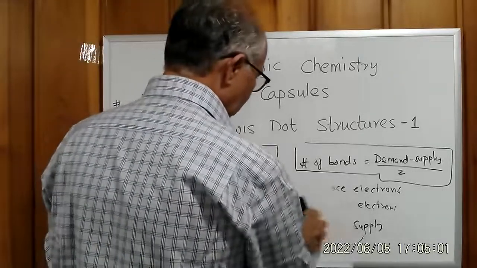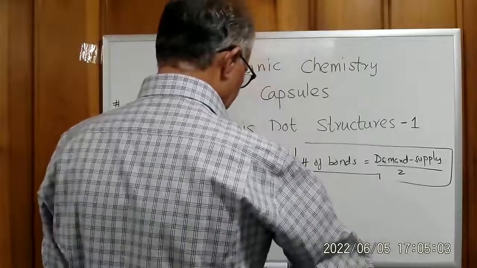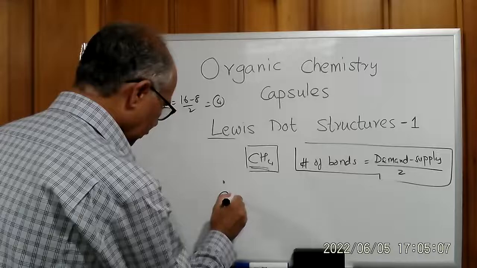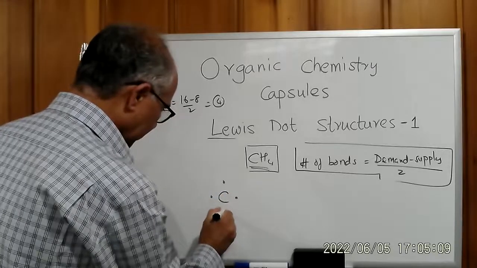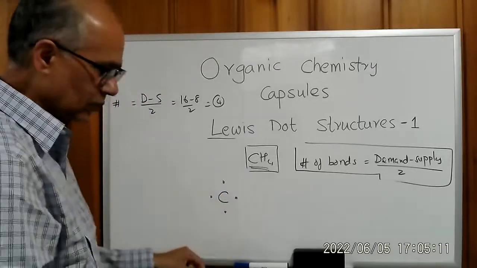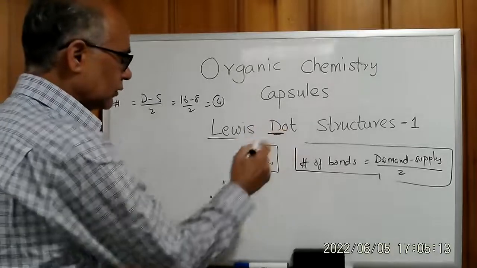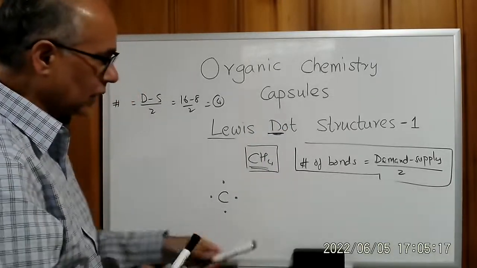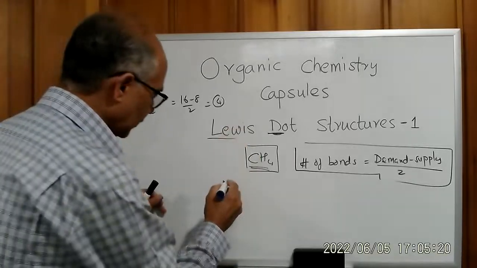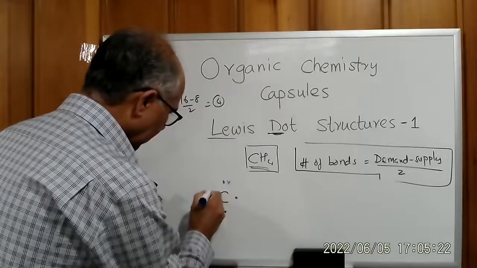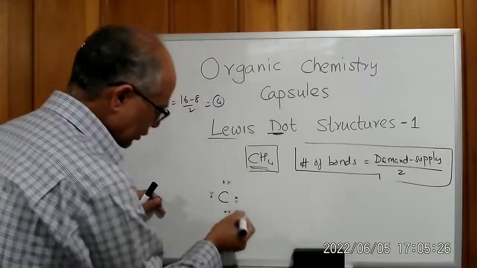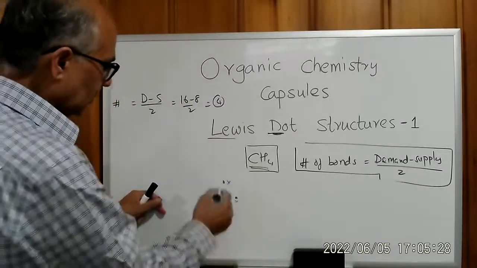Now let's draw the Lewis dot structure for that. Carbon has 4 valence electrons, and we represent the 4 valence electrons of carbon by dots. That's why we get the Lewis dot structure. Now each of the hydrogen atoms is bringing in 1 electron. I'm using a different colored pen, with an X for the hydrogen electron, just to denote it differently.